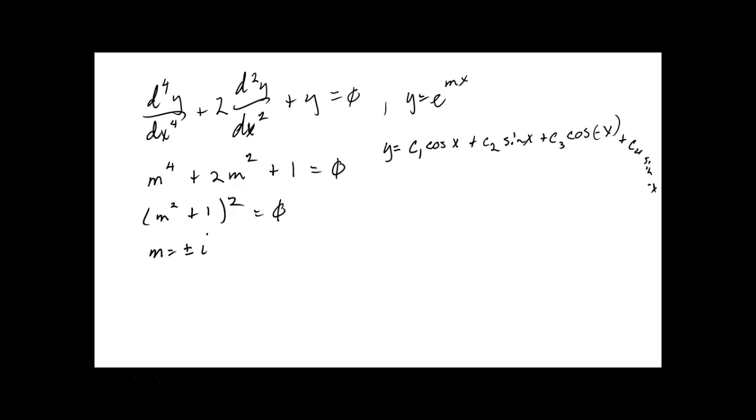Cosine minus x is the same as cosine x, because it's an even function. So that's not linearly independent. And sine of minus x is minus sine of x. So that's not linearly independent.